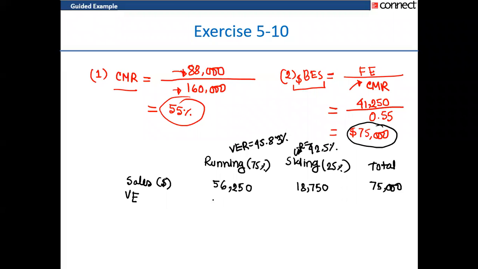Okay, now apply this percentage for getting the variable expense here and the variable expenses here.